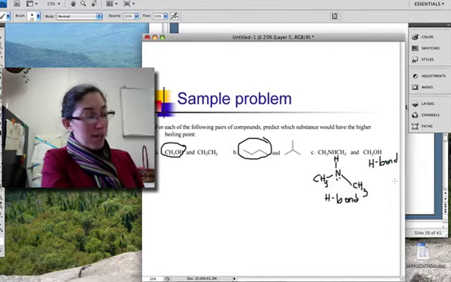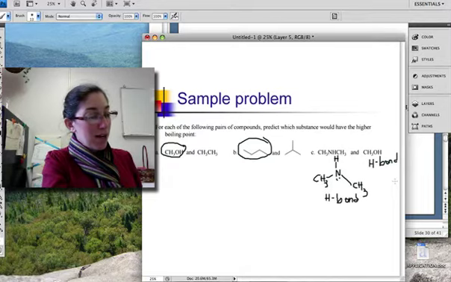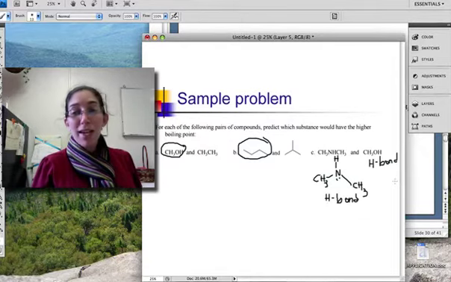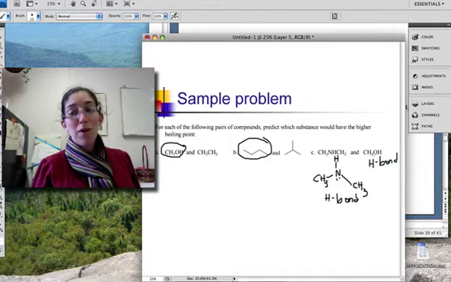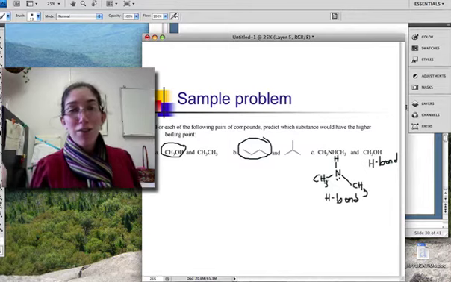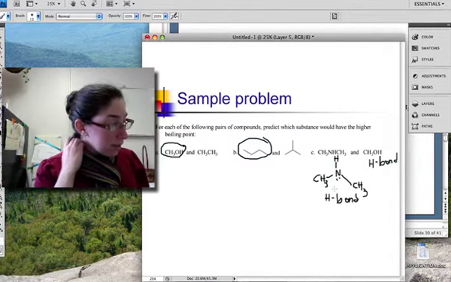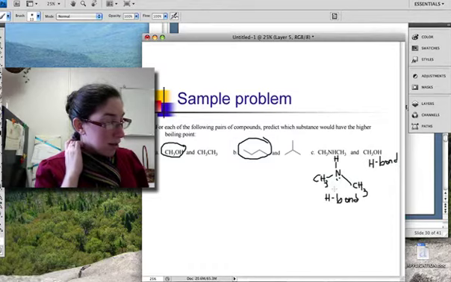Both of them have dipole-dipole attractions. Both of them have hydrogen bonding attractions, and they can engage in the same amount. So both of them have one hydrogen bond acceptor and one hydrogen bond donor. So it's not like one can engage in 5 hydrogen bonds and the other can only engage in 2.